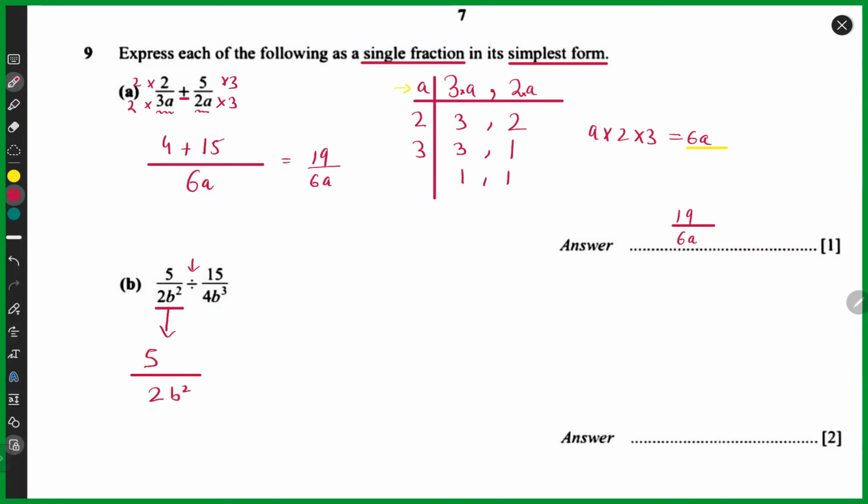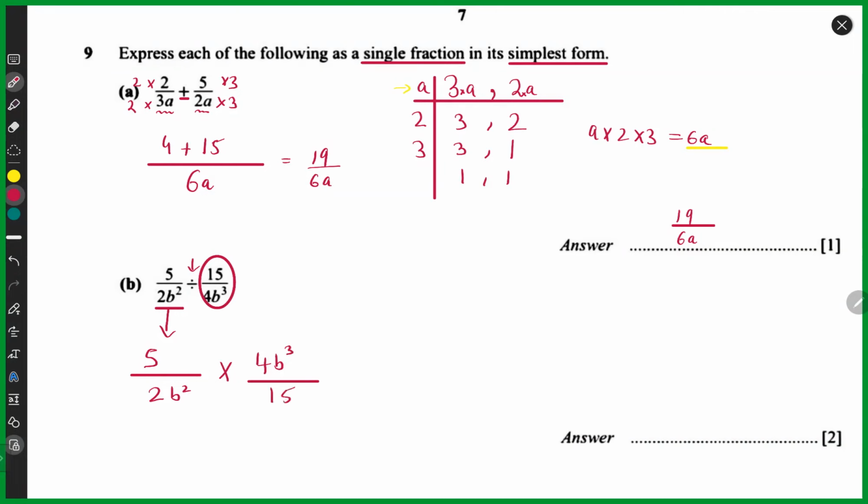Then the division sign, we don't know how to deal with a division sign. So I need to change the division sign to multiplication. And as I've been telling you guys already, this is maths and I cannot do anything by my choice. Since I've changed division to multiplication, I need to take the reciprocal of this fraction as well. And this fraction is going to become 4b cubed divided by 15.